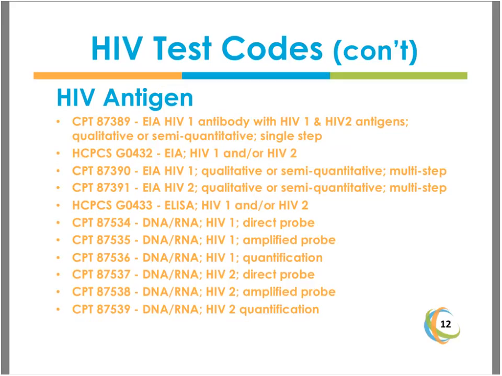And the list goes on down to CPT code 87539. You have to contact your local Medicaid agency to find out which codes should be reported for the HIV antigen, because some Medicaid agencies require reporting the CPT codes, and some may require that you utilize your HCPCS codes, HCPCS G0432 or HCPCS G0433.